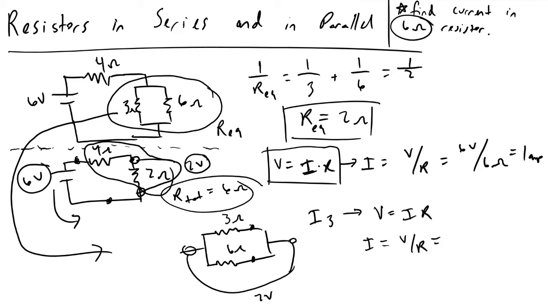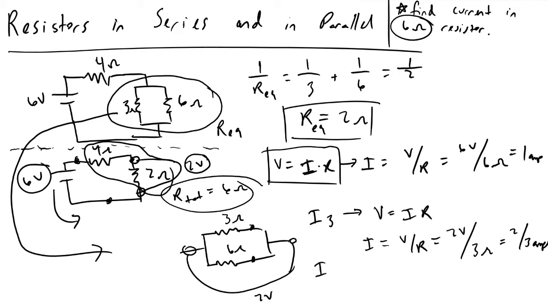We know that voltage had to be 2 because of that intuition we have that the wire has to have the same voltage drop across, or has to have the same voltage over that entire wire. And the resistance here is R, that is 3 ohms. So we have 2/3 amps running through our 3 ohm resistor.